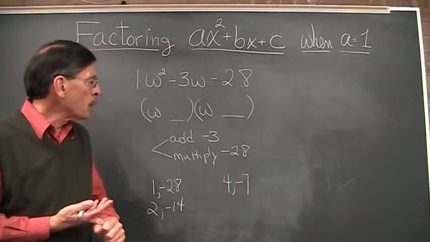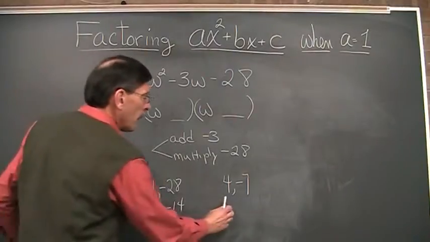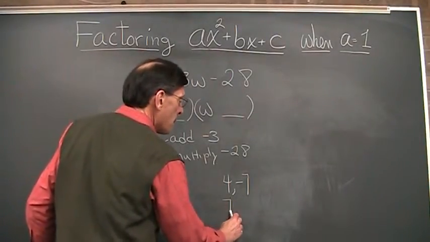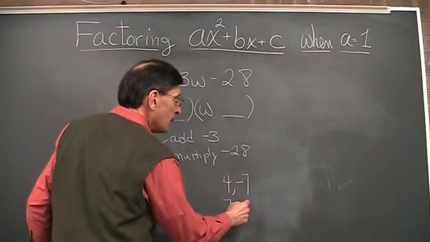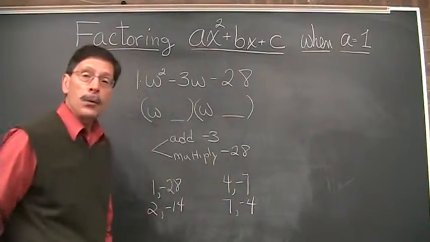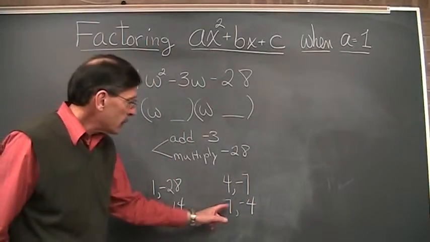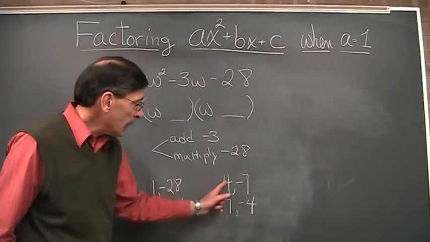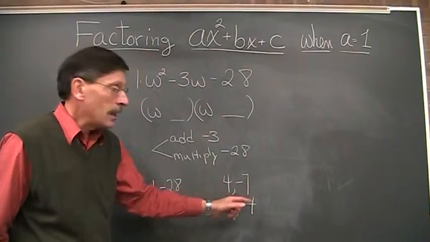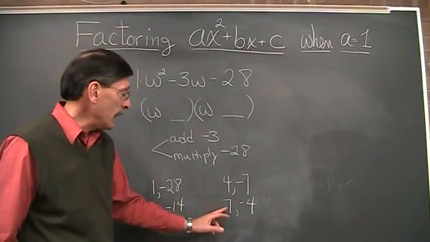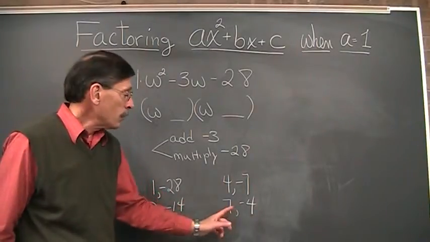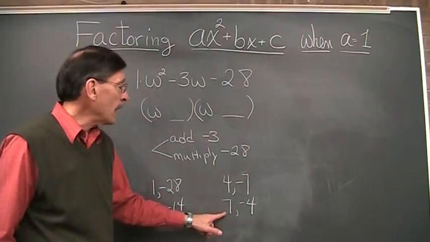Oh, 7 goes into 28. So I can write 7 times -4. Notice that this pair of numbers is not the same as this pair. Even though they both multiply to -28, the signs here are opposite. So 7 times -4 is -28.